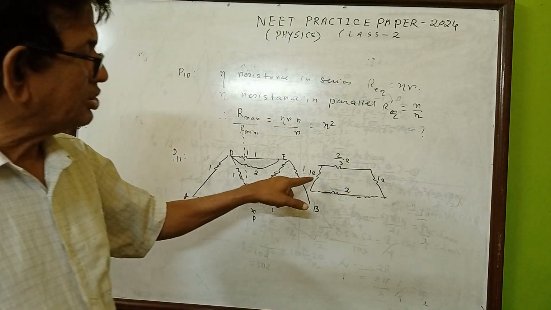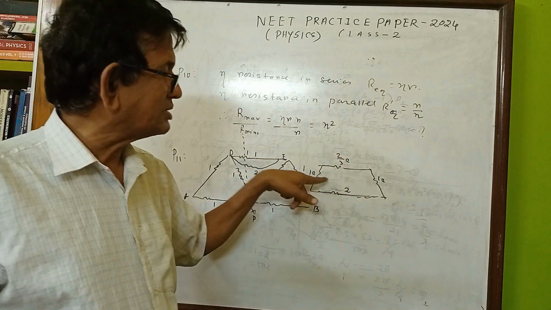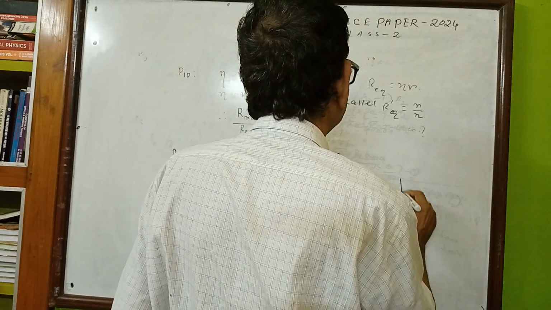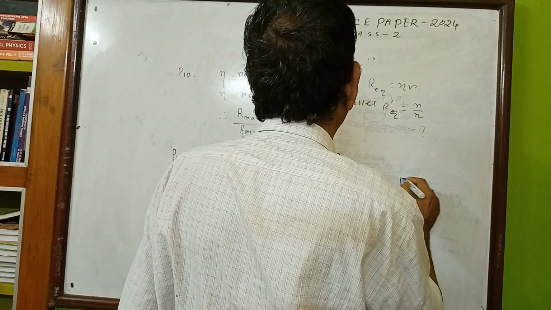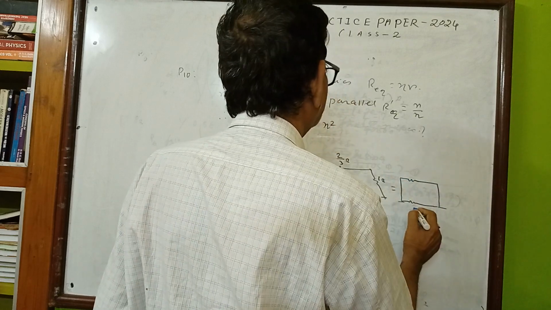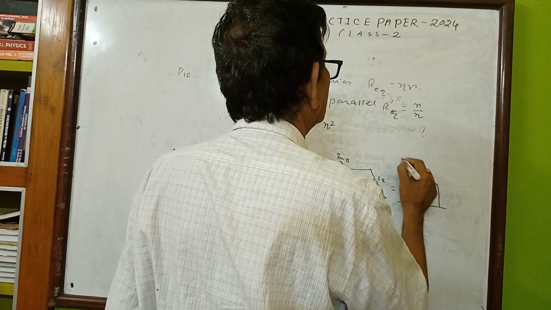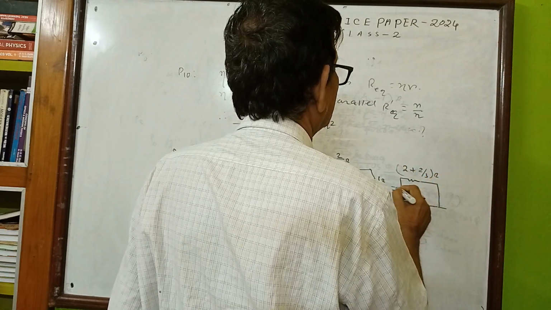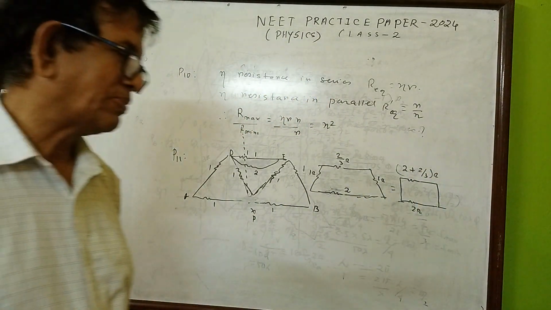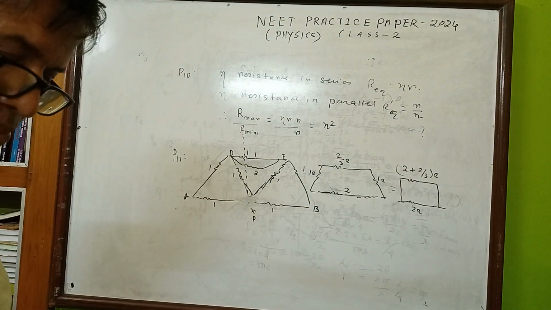So first 1, 2 by 3 and 1 are all in series, and this series is parallel with this, so you are getting it in this way. What will you do? This is 2 and this is 2 plus 2 by 3, and you calculate the parallel value P1Q1 by P2 plus Q2. Clear? So this is a very easy problem for you.